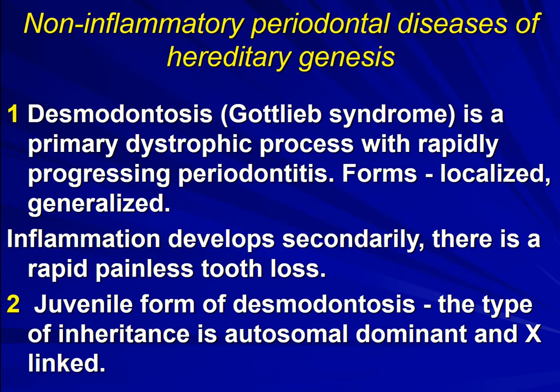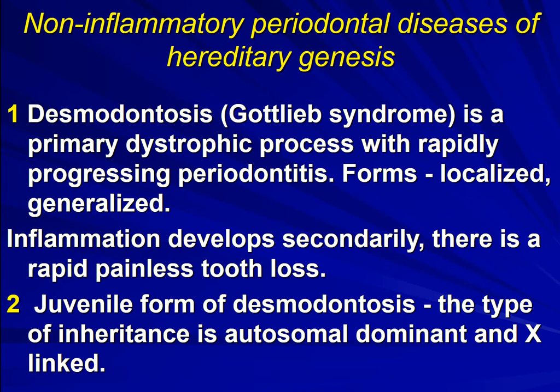Non-inflammatory periodontal diseases of hereditary origin. Desmodontosis, Gottlieb syndrome, is a primarily dystrophic process with rapidly progressive periodontitis. Forms: localized, generalized.